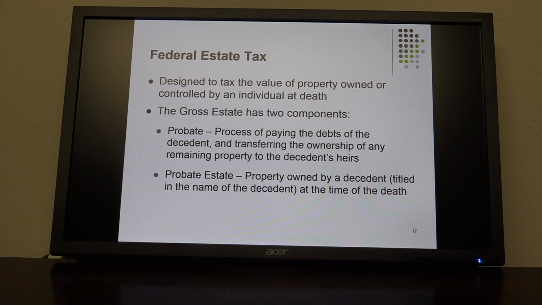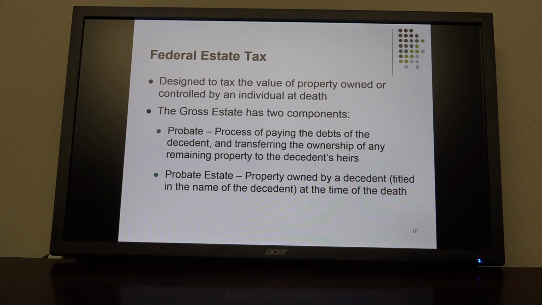If the decedent dies and leaves a valid will, usually that will is going to name designated beneficiaries of what the decedent wants those beneficiaries to have of his or her property. And if that's the case, they're called beneficiaries.